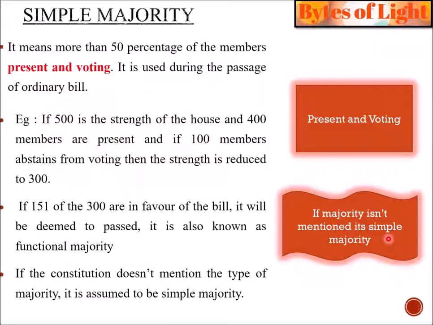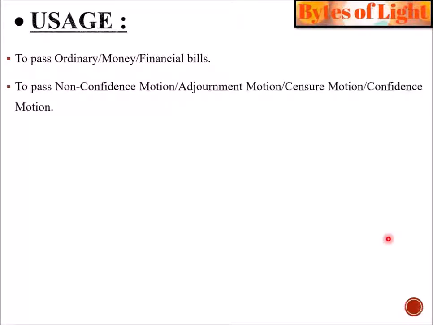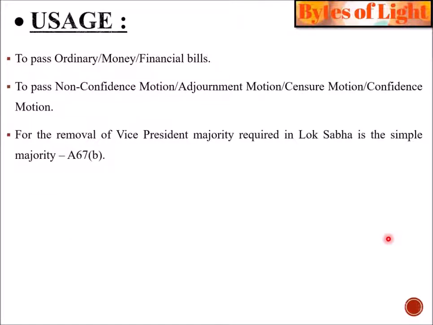Now let's see what are the usages of simple majority. To pass an ordinary, money or financial bills, to pass non-confidence motion, adjournment motion, censure motion and confidence motion. For the removal of vice president, majority required in Lok Sabha is simple majority. That is through Article 67B.